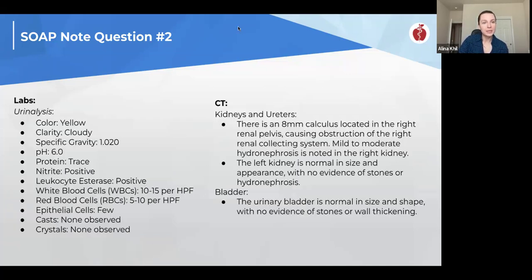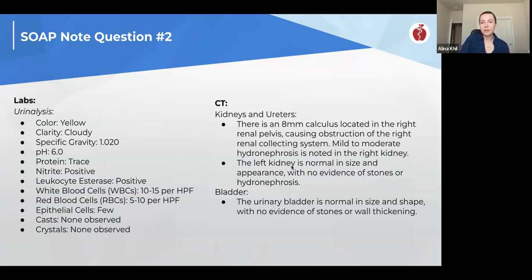And then for labs, I do notice he has a cloudy urinalysis with some positive nitrates, positive leukocyte esterase, white blood cells, red blood cells. Those are things I would really pay attention to, especially positive nitrates and positive leukocyte esterase. And then for kidney and ureters, this is a very good, very diagnostic thing in here: 8 mm calculus located in right renal pelvis, causing obstruction to the renal collecting system.